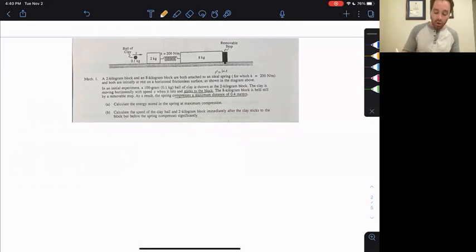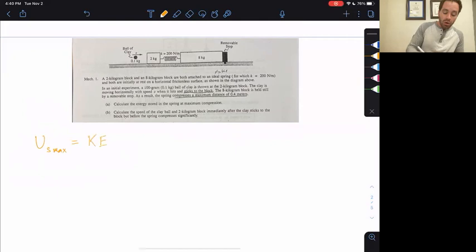The speed of the clay ball and 2-kilogram block immediately after the clay sticks. Well, okay, this means that the potential energy of the spring, when it's maximized, has to be equal to the kinetic energy of the, I'll call this B1, meaning the ball and block put together.